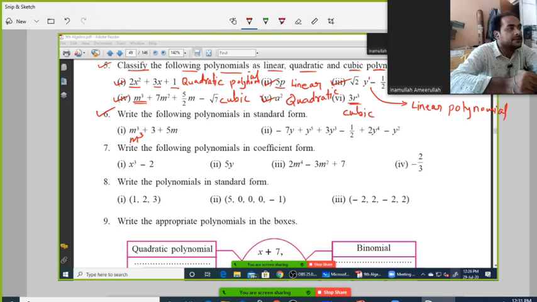Then next is plus 5m and then plus 3. So this is proper descending order. First term has power 3, second term has power 1 and third term has power 0. So 3, 1, 0. So this is called the proper standard form of a polynomial. So this way you can write the given polynomial.